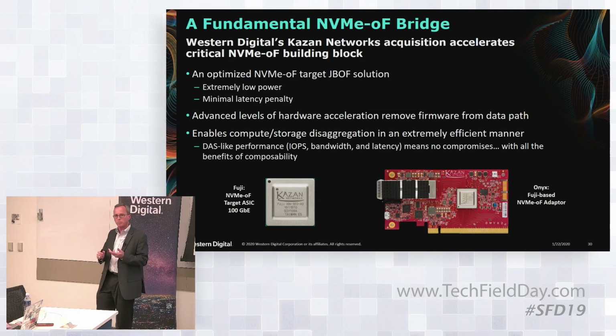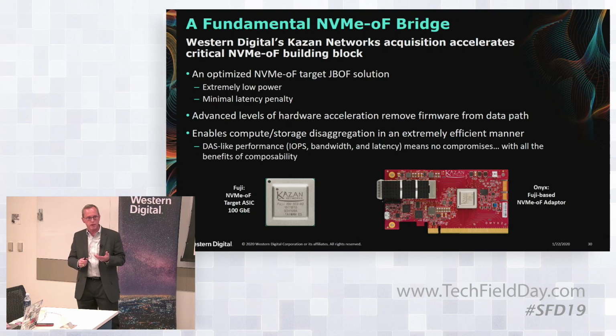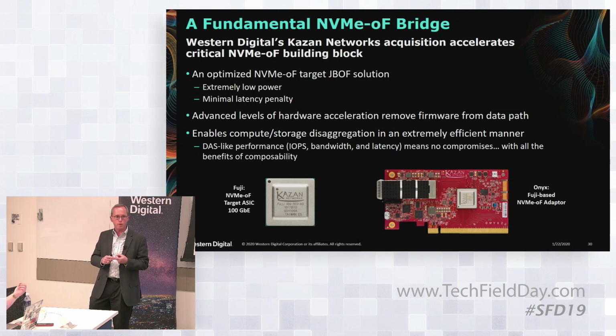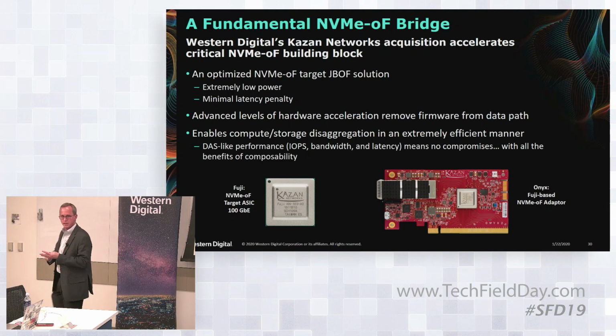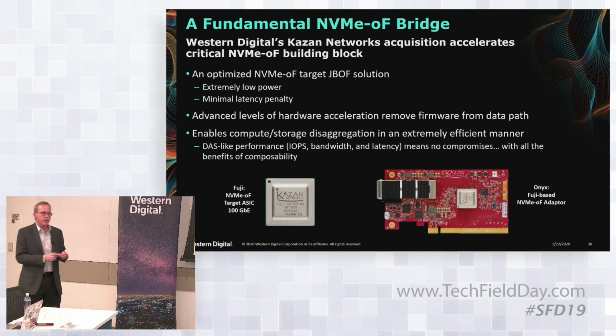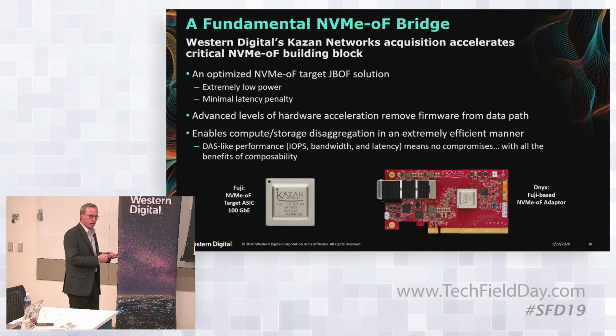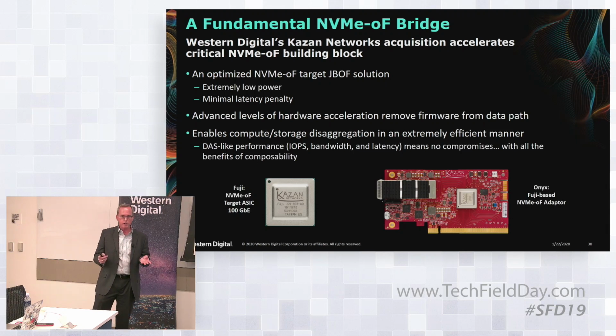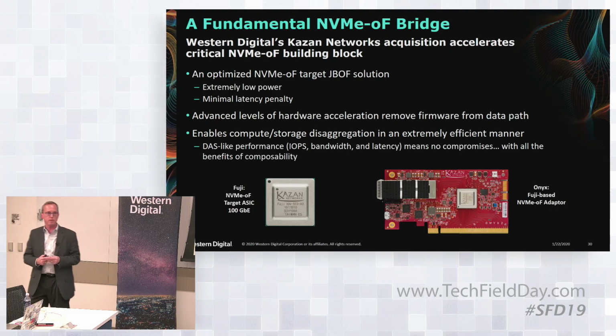It boils down to basically three things. The most high performant out there, lowest power, actually four things, lowest cost, and lowest density. Everything is done via hardware, so we don't have a DRAM footprint. We don't have the cost associated with DRAM or latency associated with DRAM.